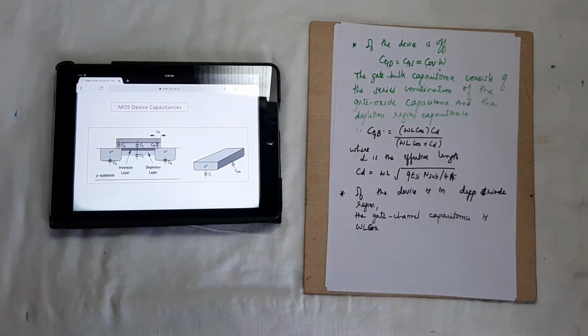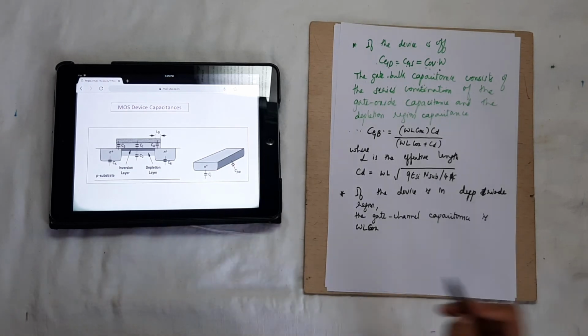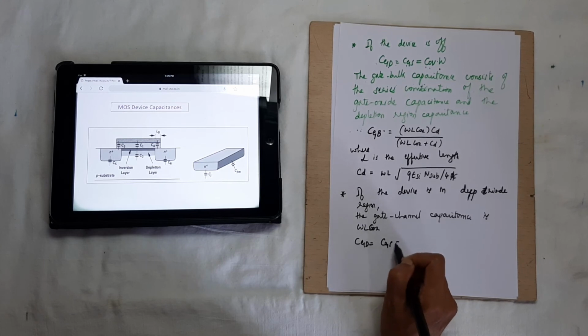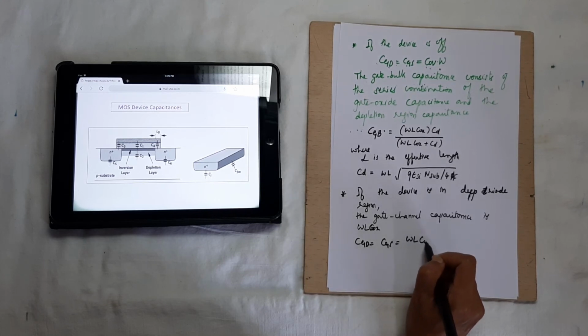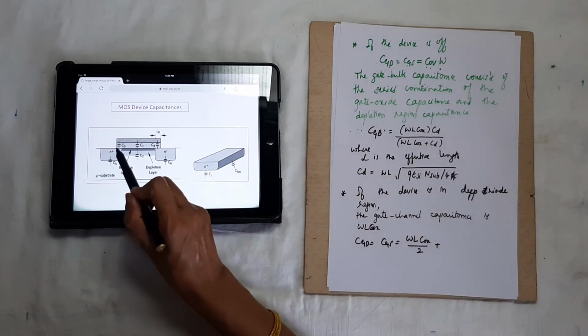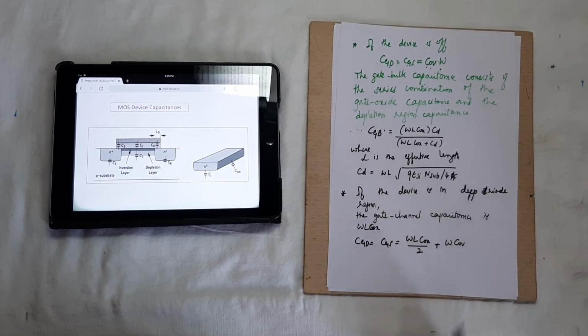Therefore, we have CGD is equal to CGS is equal to WL Cox divided by 2 plus, of course, the overlap capacitance, which is represented as W multiplied by COV.